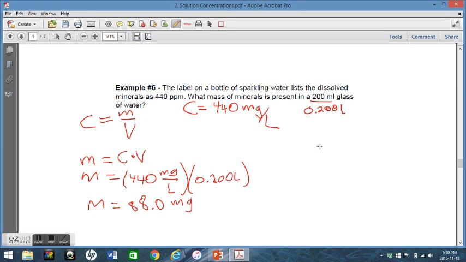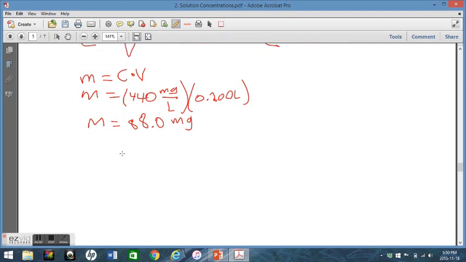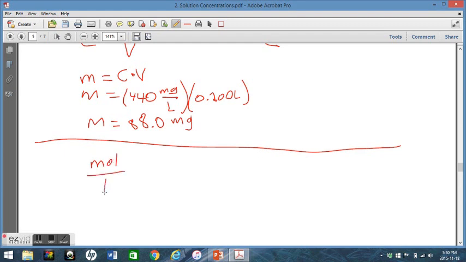Wonderful. Right. So now, this is the last bit here. What if I gave you concentration in moles per liter, and I told you to express this in parts per million? Well, I'm going to have to, first of all, change this into grams per liter.